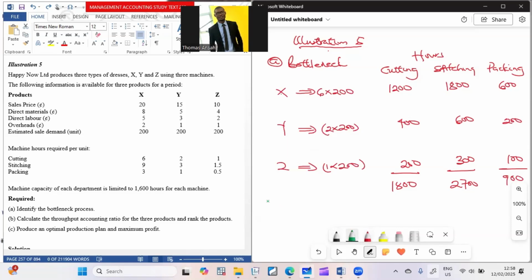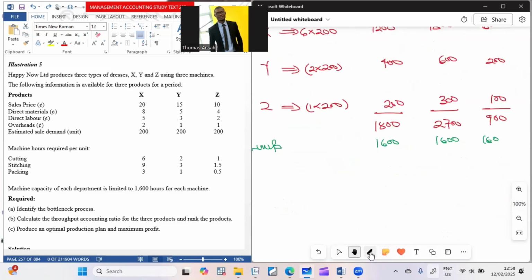But the limit is that we will need 1,600 here, 1,600 here, 1,600. That is what is available for each department. So you will see that here it goes over. There's a bottleneck of 200, as you can see.